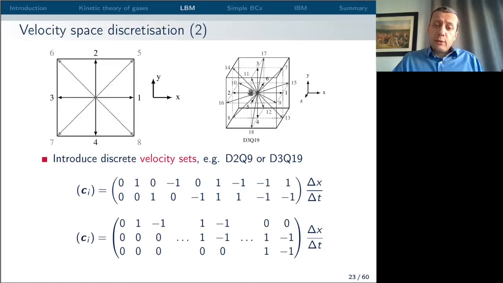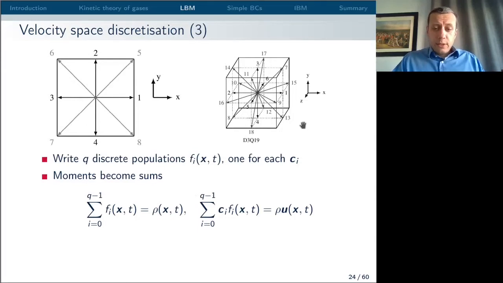For 3D you have different options, but what I show here is the so-called D3Q19 lattice, where you have 19 options, including that you're not moving anywhere, which is the 0, 0, 0 component. If you neglect this one, then you have 18 left to reach either your next neighbors or diagonal neighbors, and that is 19 in total.